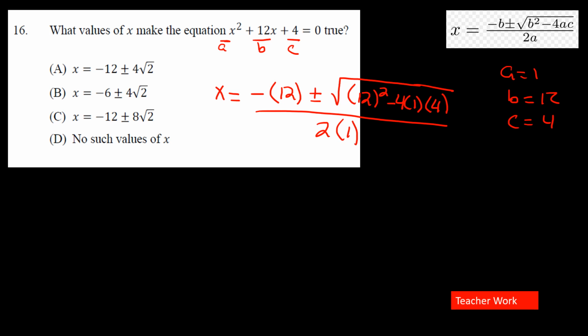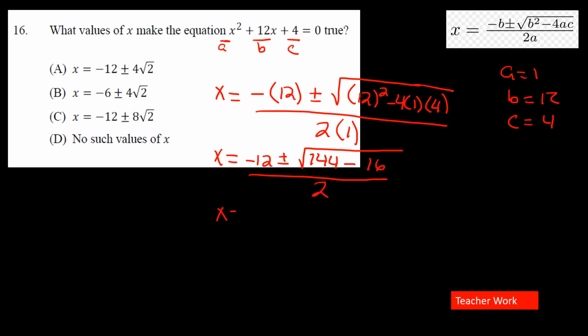So now we just need to start simplifying this out. We'll get x equals negative 12 plus or minus the square root of 144, because 12 squared is 144, minus negative 4 times 4 is negative 16 times 1. It still stays as negative 16. Okay, all of that over 2.